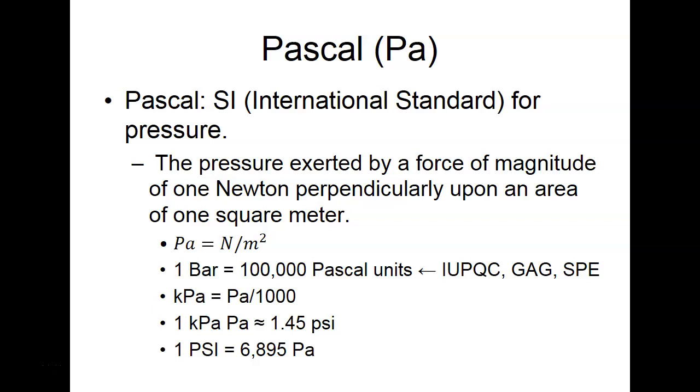So a bar is just another representation of a pascal. So 1 bar would actually equal to what? 100,000 pascals, yeah. So bars are a lot easier to deal with than the kilopascals, right?